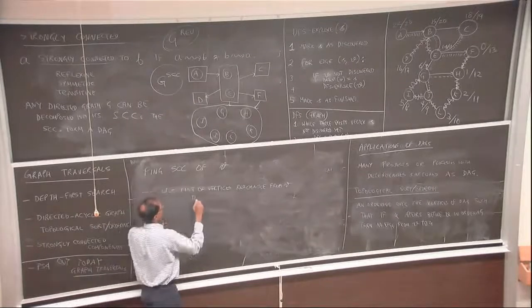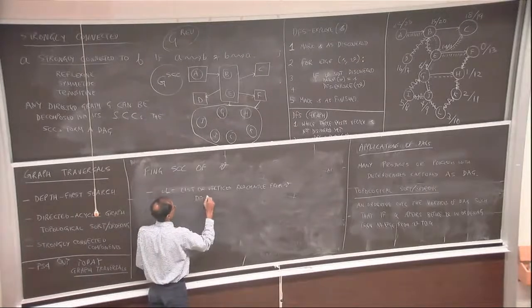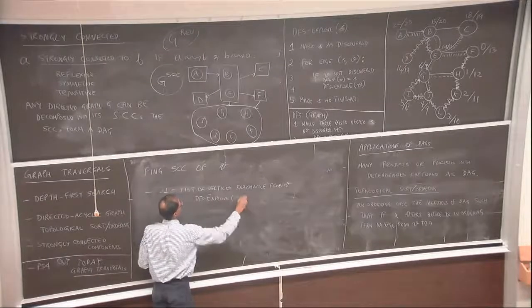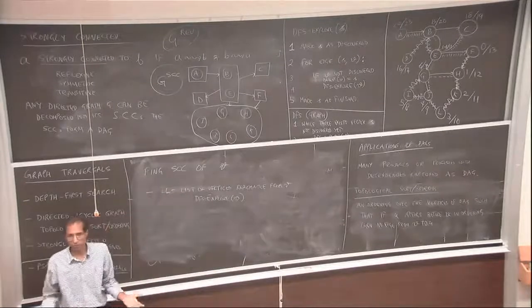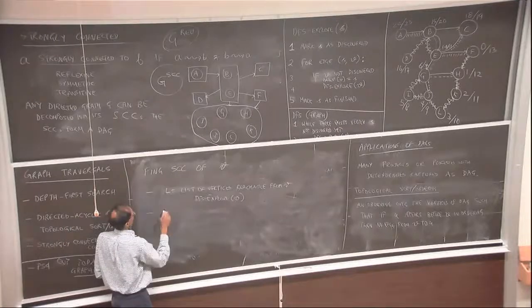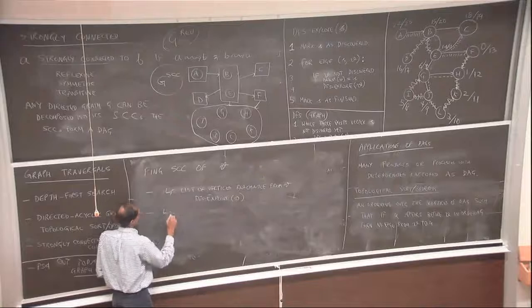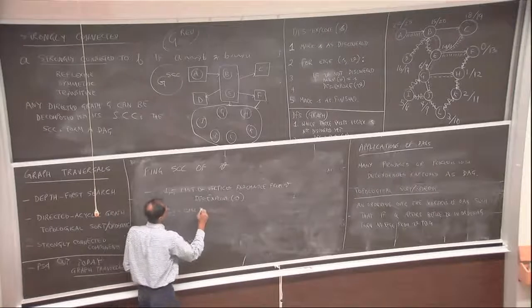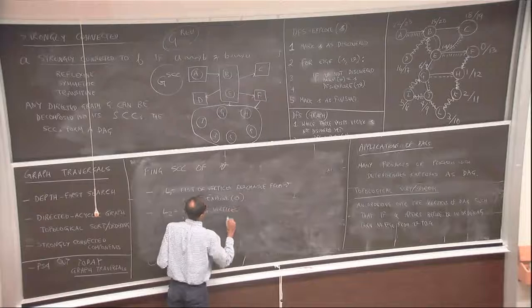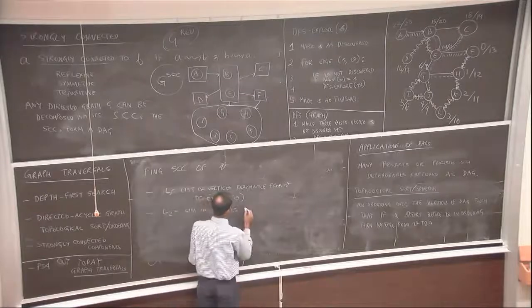I simply call DFS explore on V, and I get a list of all vertices reachable from V. And then let's say L2 is the list of all vertices that can reach V.